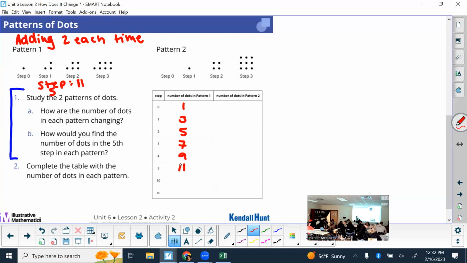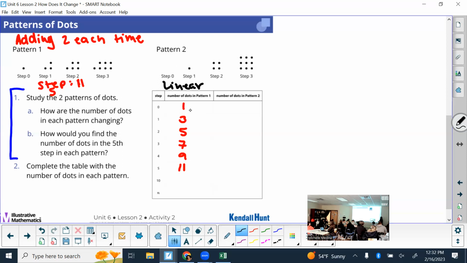Now, continuing the pattern might be tricky here because of the jump from step 5 to step 10. I guess I could keep adding 2 until I get to step 10. But when it's adding the same amount each time, what type of pattern is that, like with our math words? Linear is what I was looking for.